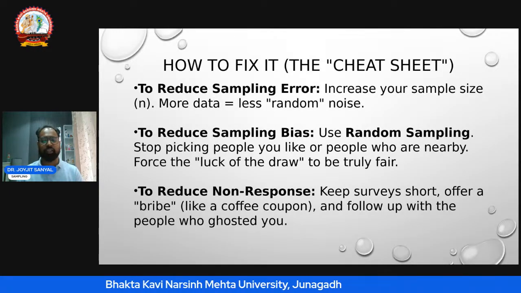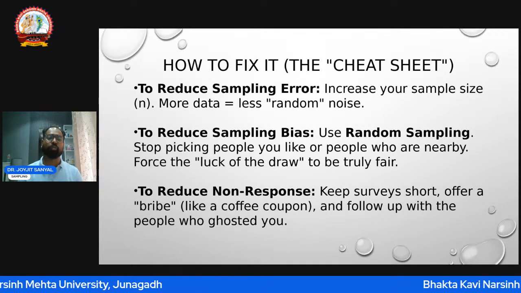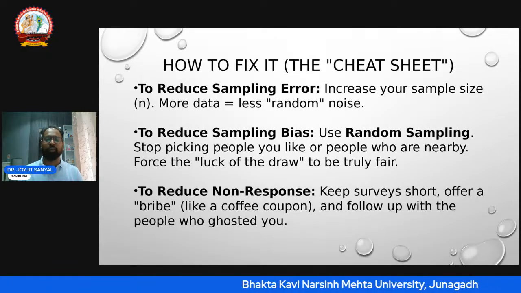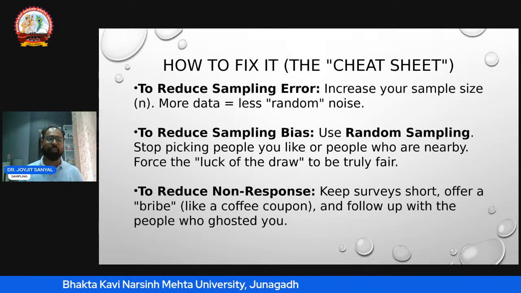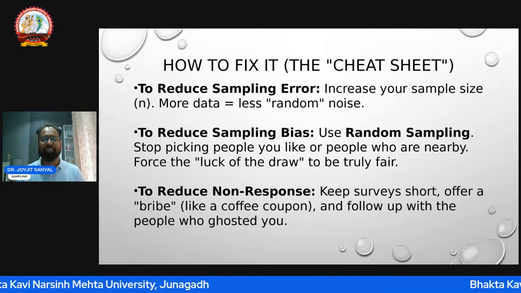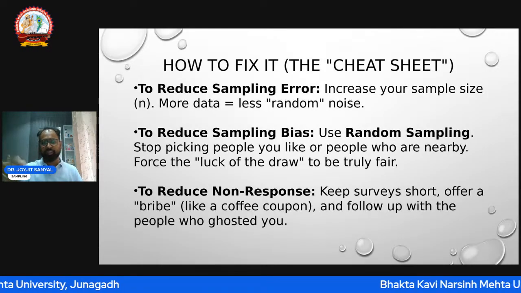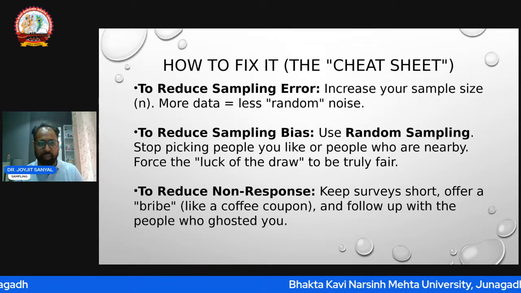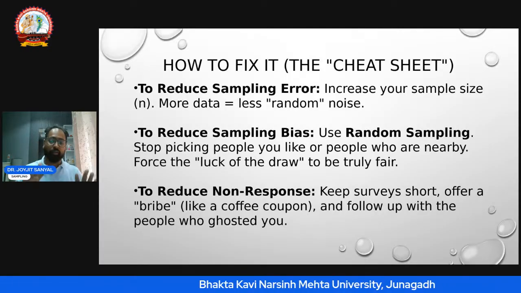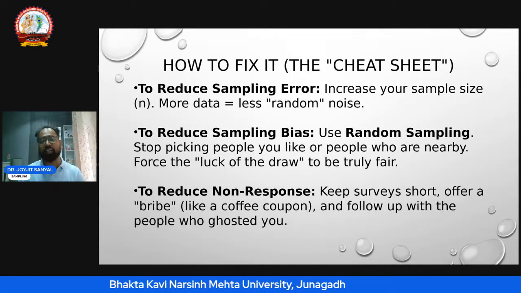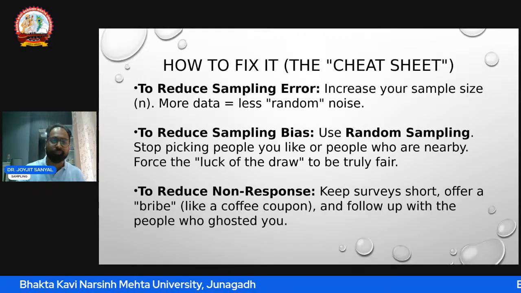Whether it's first or second hand doesn't matter, but the thing is that you need to collect the data and you need to go for some way or the other, right? So offering a bribe, yeah, that may be done, but I'm not talking about offering a bribe in the form of money, right? So that depends on the researcher, how you may prepare one strategy and collect the data, correct?